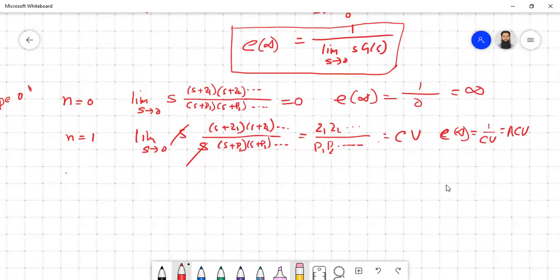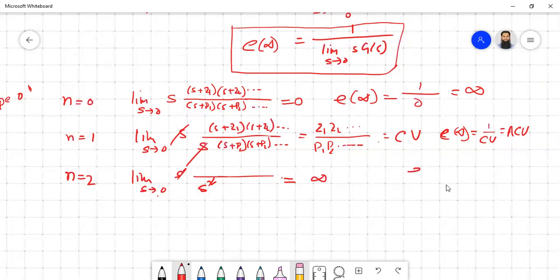Okay, so next is n equal to 2. So for n equal to 2, s tends to 0. Now s by s square we have, so 1 s is getting cancelled out. So 1 by s will be remaining, s equal to 0. That will give us 1 by 0, infinite limit.